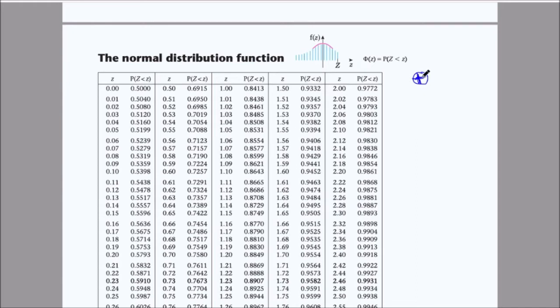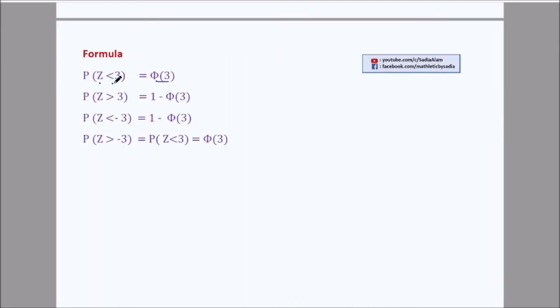And then it's always for less than. So less than and positive, these are the two criteria if you need to pick the values from the table. But sometimes we might need values for greater than, sometimes we might need negative values. So what can we do for them?